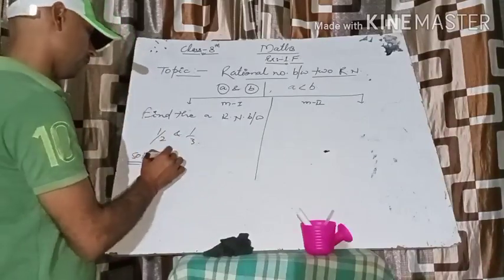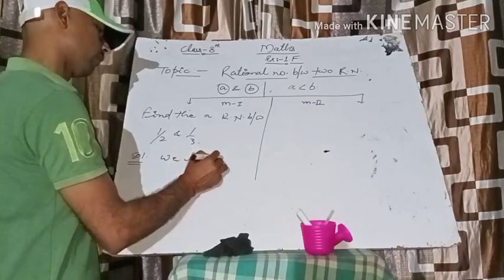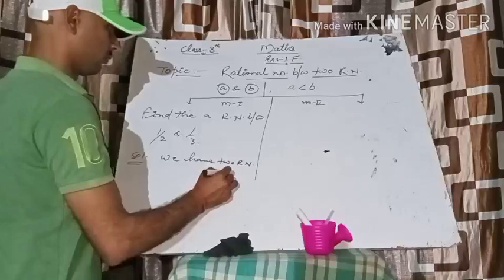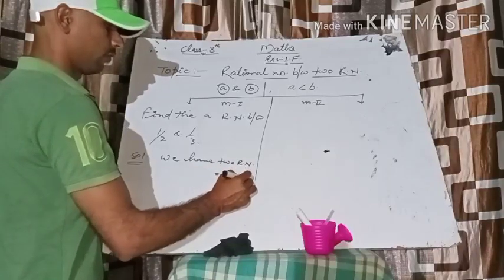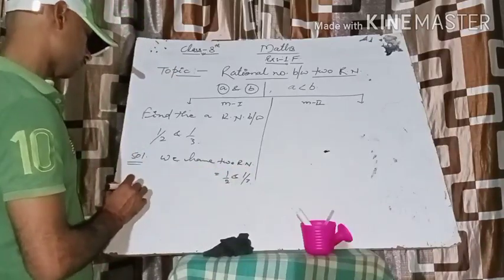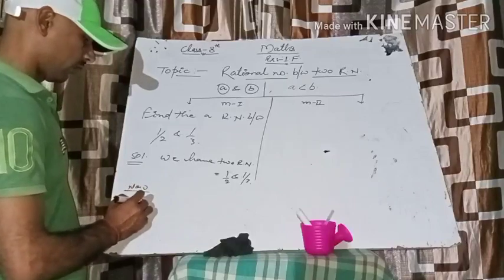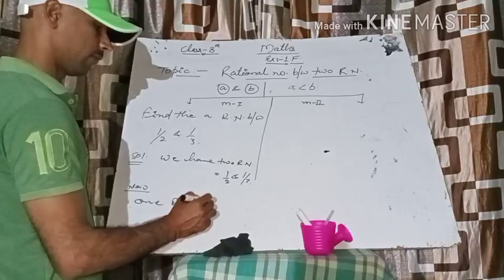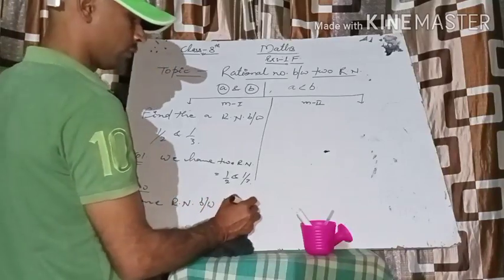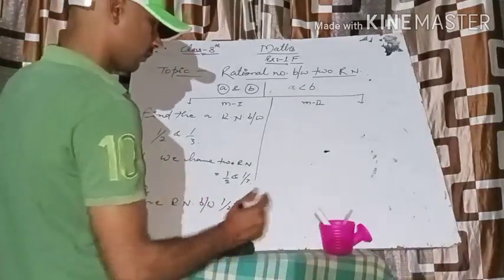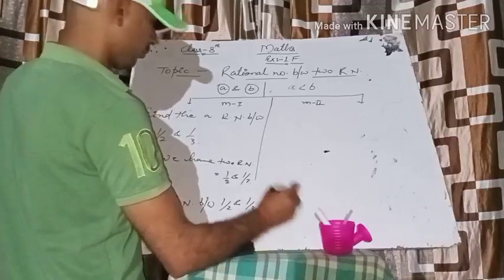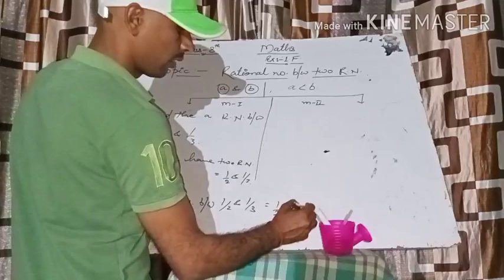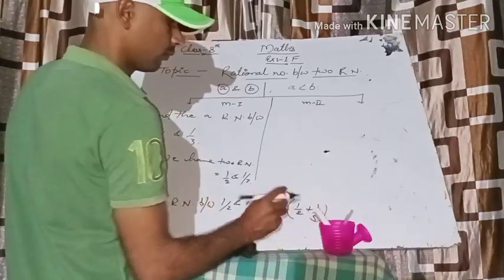Now see, we have two rational numbers, 1/2 and 1/3. One rational number between 1/2 and 1/3 equals 1/2 times the sum of these two, 1/2 plus 1/3.